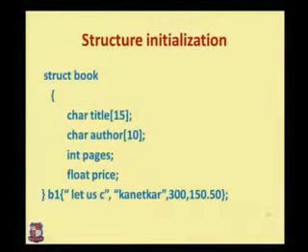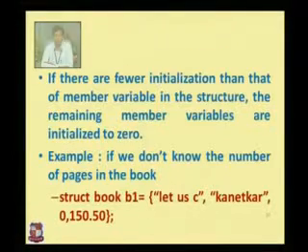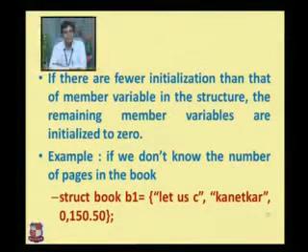Then we can represent this book's title, author, pages and price in a variable, in the template structure. Then if there are fewer initializations than the member variables in the structure, the remaining member variables are initialized to 0.